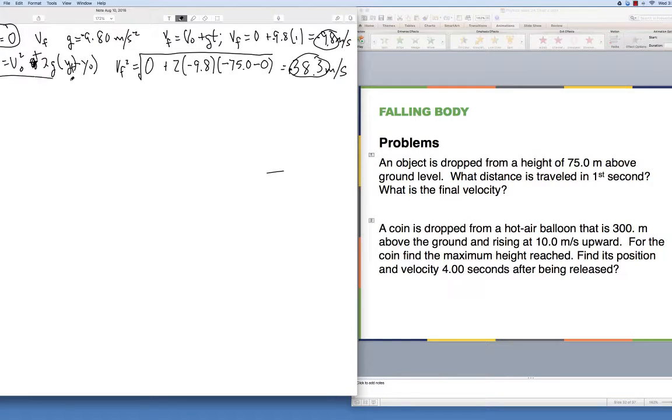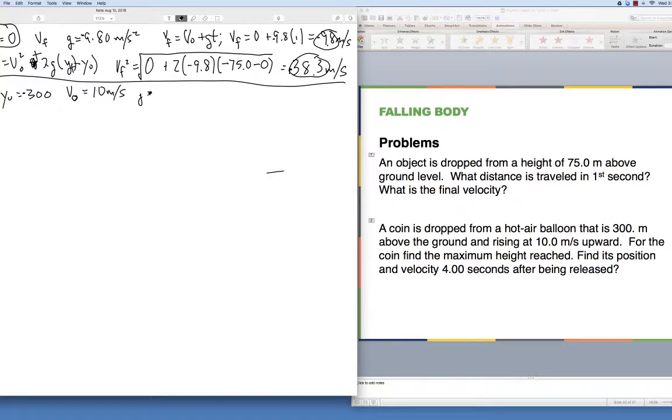In this case, and this is where the tricky part is, first of all, you know that the y displacement, yf minus y0, is 300 minus 300. The coin is initially traveling, so V0 is 10 upward, so it's positive.